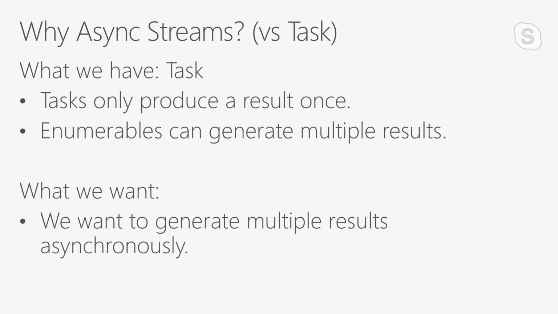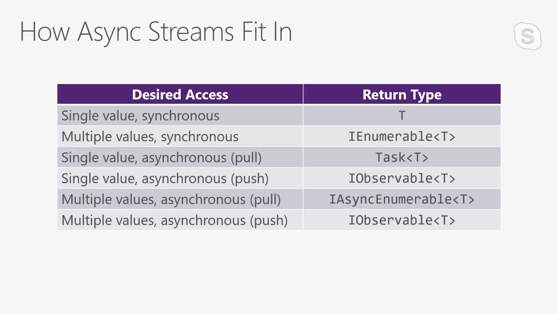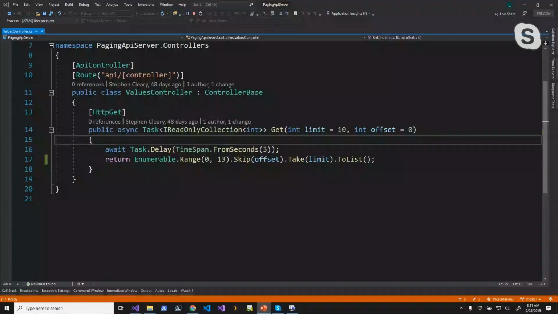The other perspective for why we have asynchronous streams is if we have asynchronous code, but it returns a task, a task can only be completed one time. It can only produce a result once. What we really want to do is generate multiple results asynchronously. So we're looking at this merger of tasks and enumerables, and that's really what asynchronous streams are.